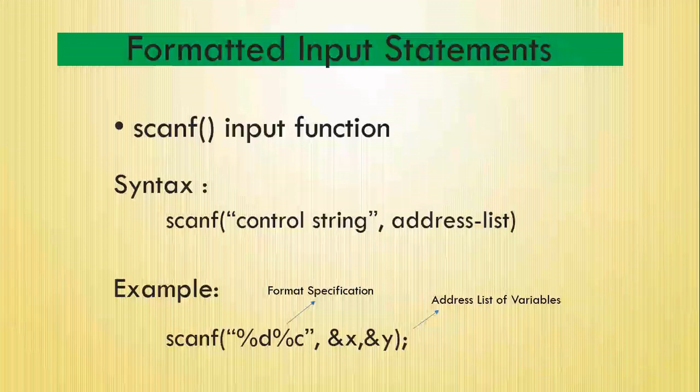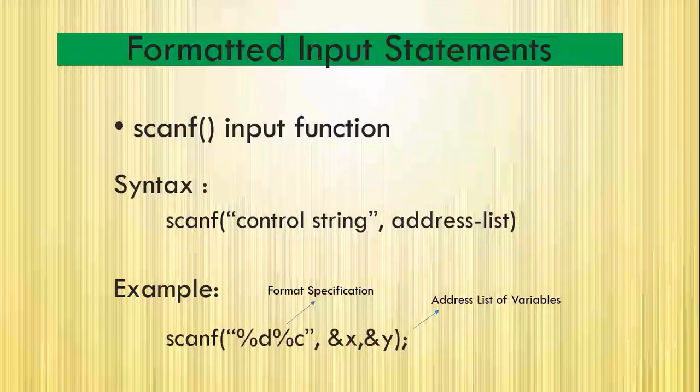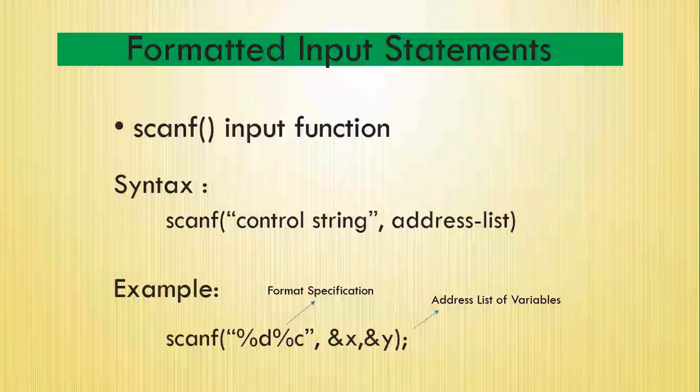The ampersand sign indicates the address of x and the address of y. It means that whatever you input from your keyboard, the first value will be stored in the variable x and the next value, which is of character type, will be stored in variable y.